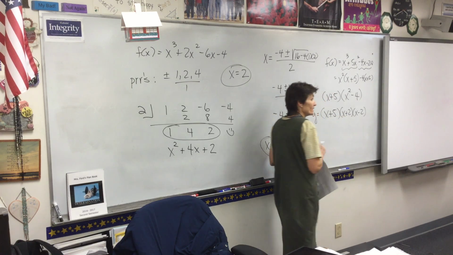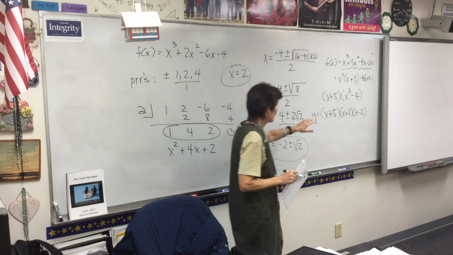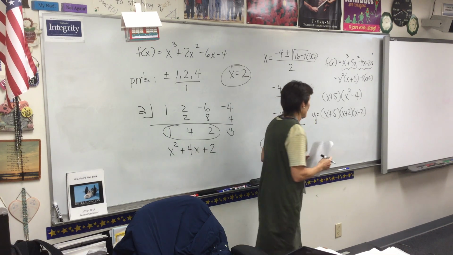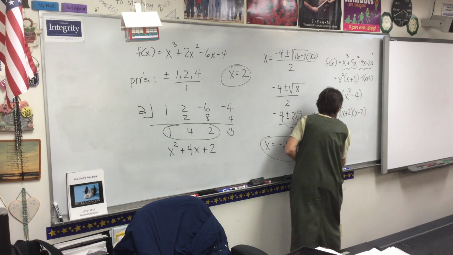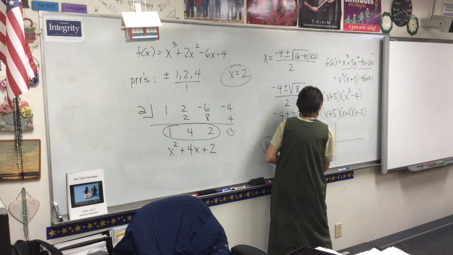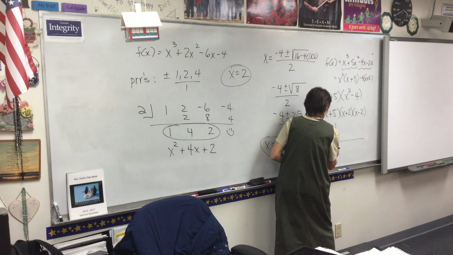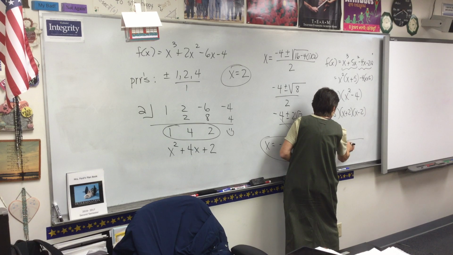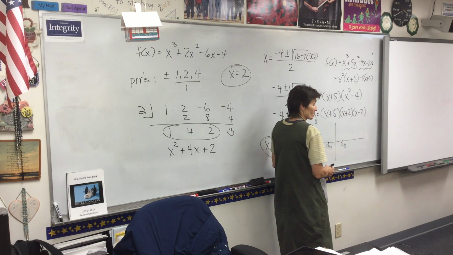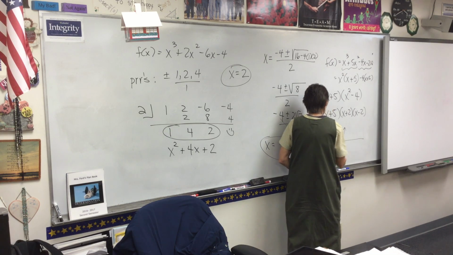And now I'm ready to sketch. It says factor and sketch. So here are the factors. So 1, 2, 3, 4, negative 5, negative 2, 2, right? Starts down. How do I know it starts down?